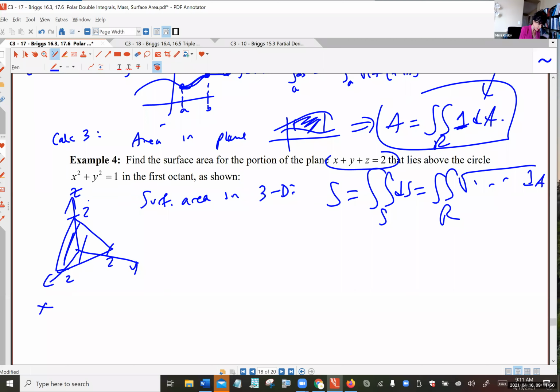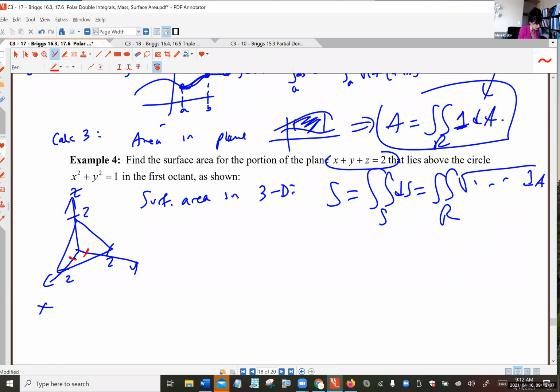So the portion of this plane that I just sketched that's hovering over the portion of the circle, the surface area, the portion of this plane that lies above the circle, and this is your circle here, but we only want to find how much of it lies above the circle in the first quadrant.